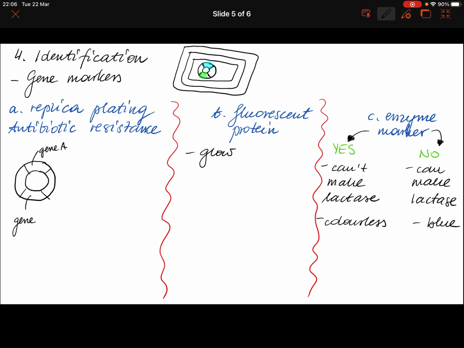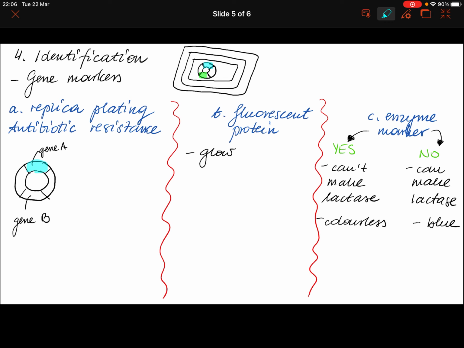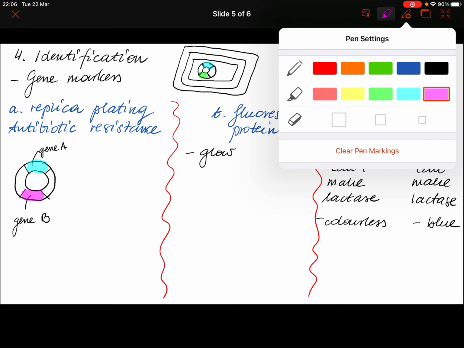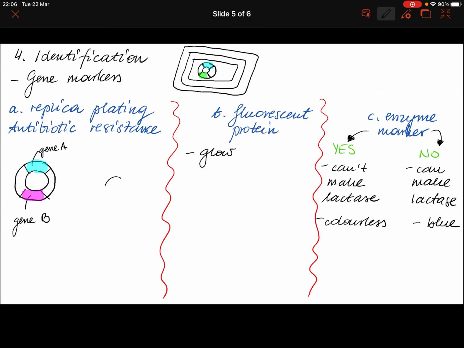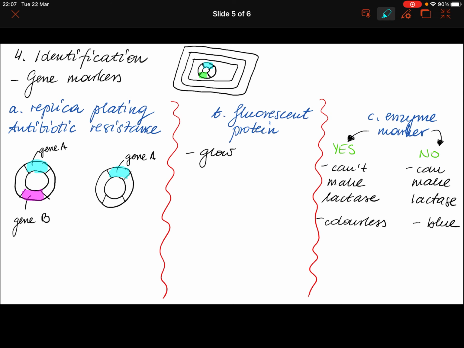I had gene A and gene B. My recombinant plasmid after insertion of the sticky ends now still carries gene A, but doesn't carry gene B, it carries my sticky ends instead, the sequence that will code for the protein of my interest.